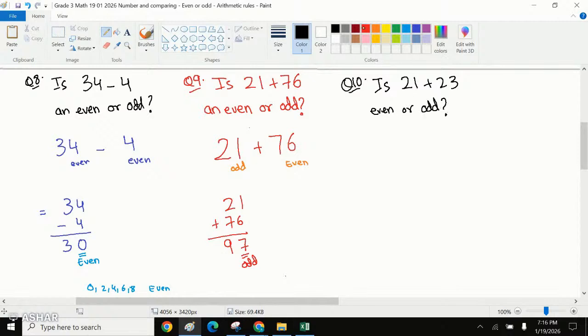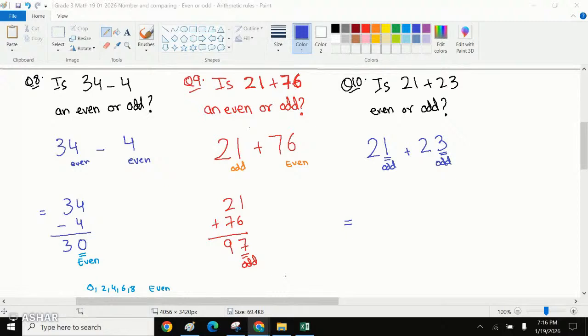In the previous question, 21 was odd, but 76 was even, right? But in this question, both the numbers are odd, because we can see that 21 ends at a 1. This is odd. Plus 23, it ends at a 3. That is also odd. So what about the result? Would the result be even or odd?